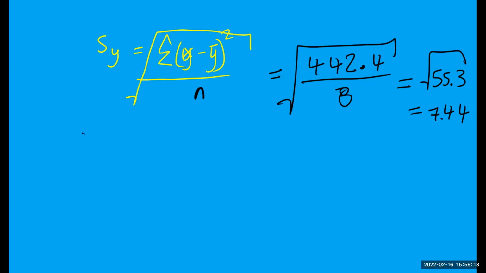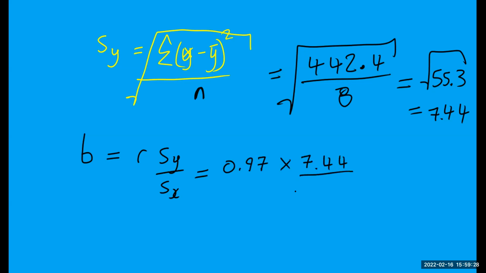In other words, we're saying that the gradient B is going to be R times the standard deviation of Y over the standard deviation of X. In that case, it's 0.97 times 7.44 over the standard deviation of X, which is 3.77. Finally, we'll finish. So 7.44 divided by 3.77 multiplied by 0.97. We're going to just put all of this in our calculator one time.